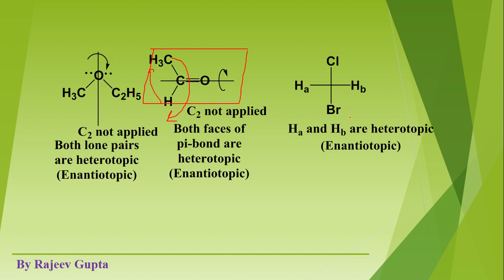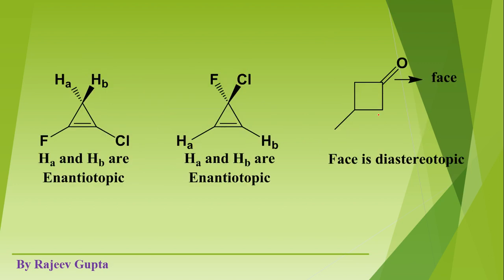Okay, again in this molecule, which is a Fischer projection, HA and HB are heterotopic, which are specifically enantiotopic. We can see here a plane of symmetry. This is a plane of symmetry. So these are enantiotopic. Now in these molecules, here we cannot apply C2 symmetry, means C2 does not exist, but a sigma plane of symmetry is present.